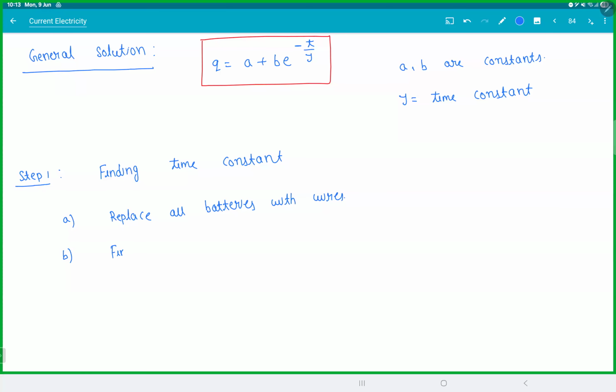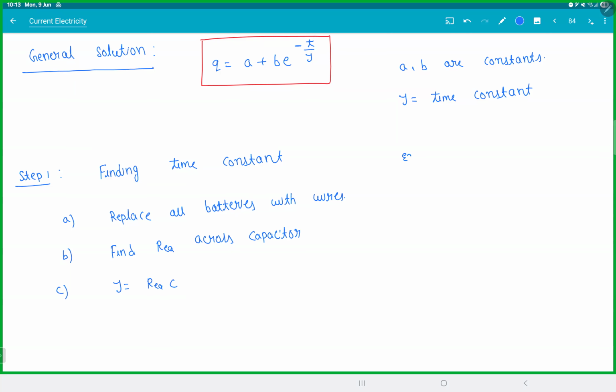Then find R equivalent across the capacitance. Then the time constant is equal to R equivalent into C.